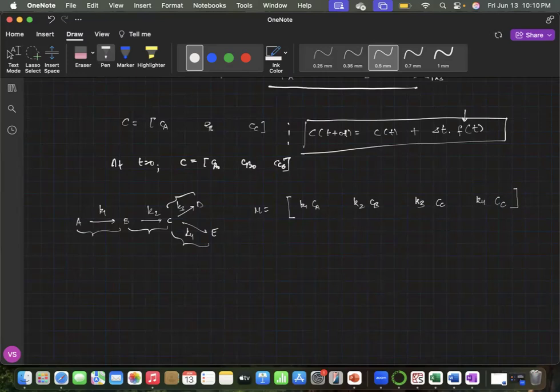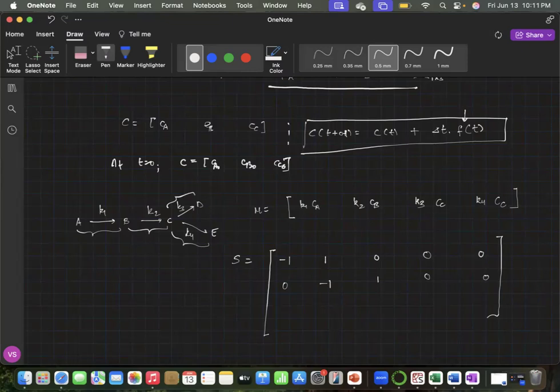And the stoichiometric matrix over here, since there are four reactions, we will have four rows, and there are five species over here, so we'll have five columns. So for the first reaction, we just have A and B, so it's going to be -1, 1, and the rest all zeros, right? The second reaction has B and C, so 0, -1, 1, 0, 0, right?